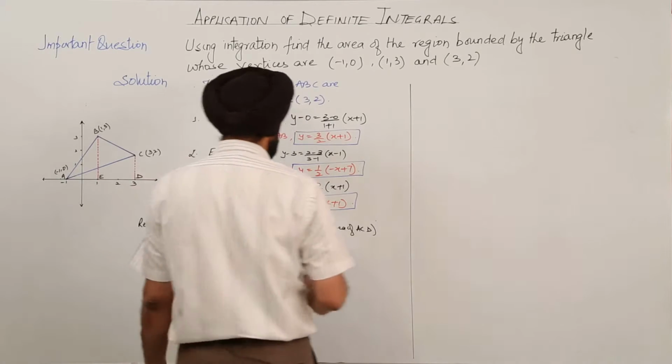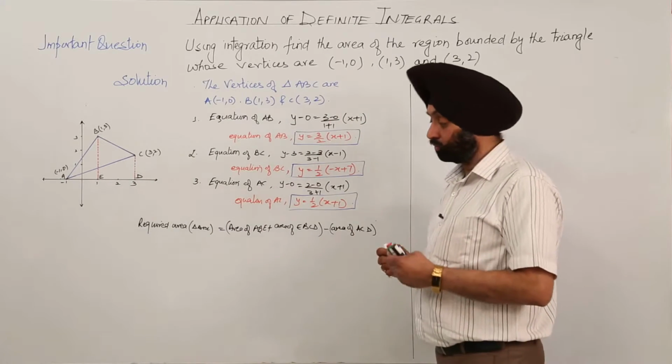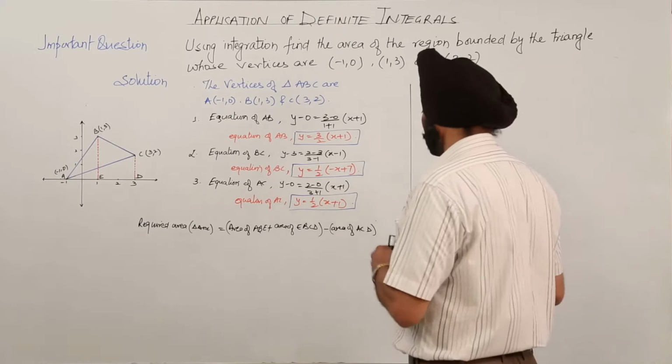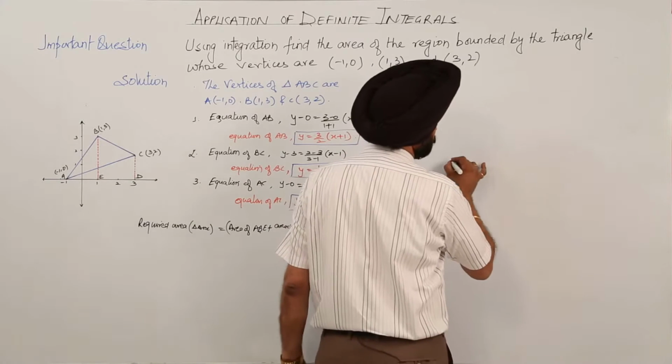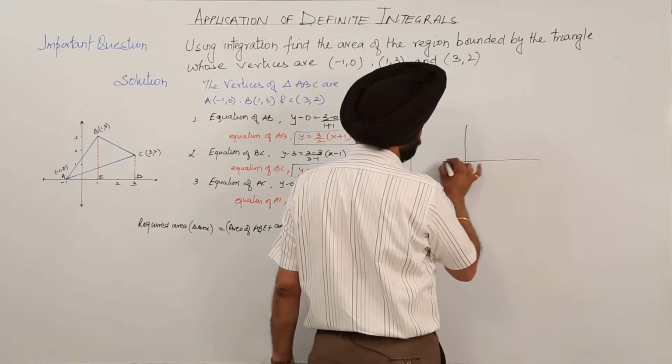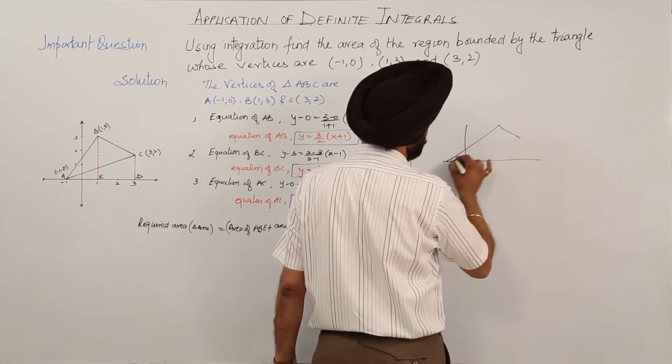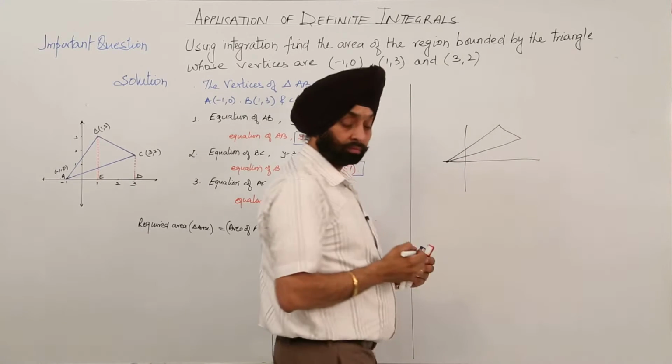Now just look once again, we have got a triangle like this. Is it clear?